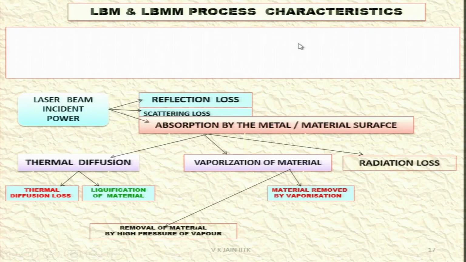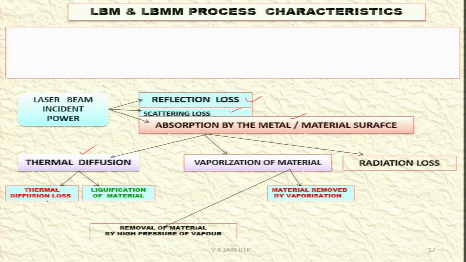LBM process characteristics, let us see this. Of the laser beam incident power, some goes into reflection losses, some goes by scattering losses, and some part of it is absorbed by the metal or material surface which is being machined. Whatever is absorbed, you can see there is thermal diffusion.